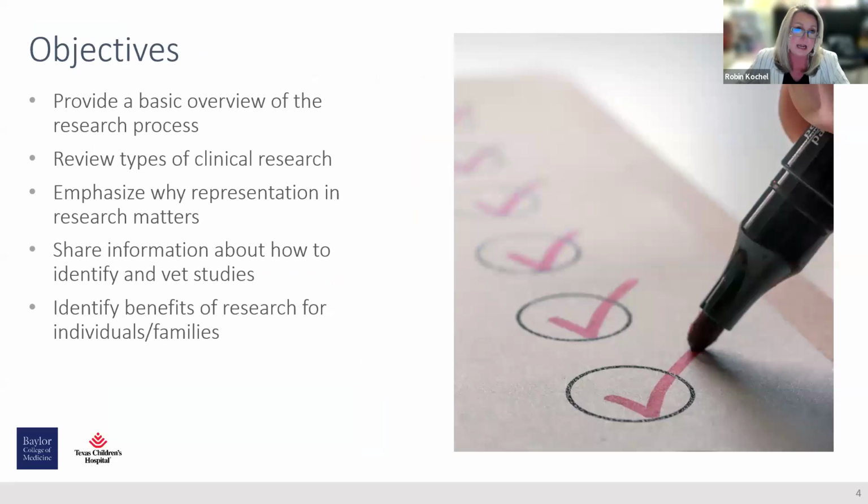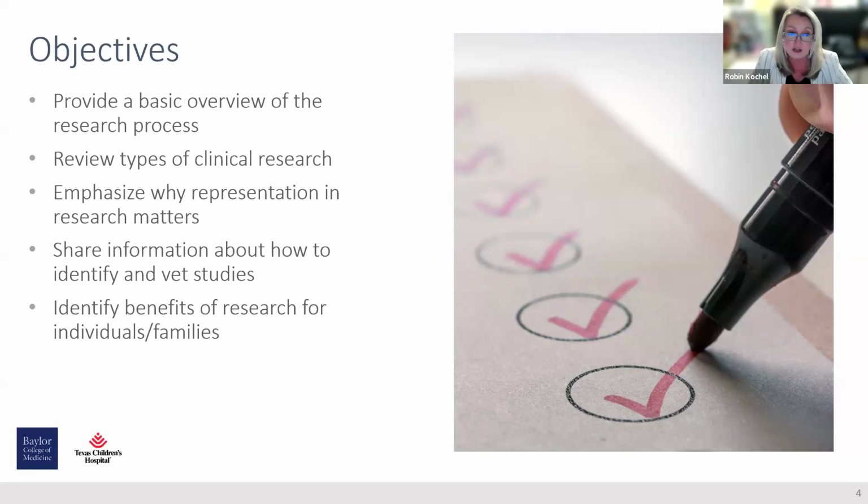So my goal for today is, like I said before, hopefully to talk about some things that help make research a little bit more accessible and tangible for folks, particularly those who may not have participated in any research before. So our basic objectives are to provide a basic overview of the research process, to review types of clinical research and emphasize why representation in research is particularly important.